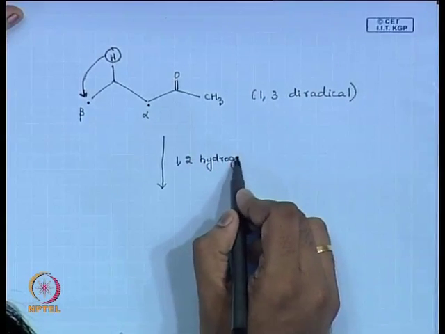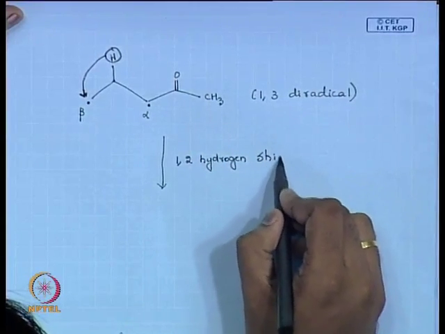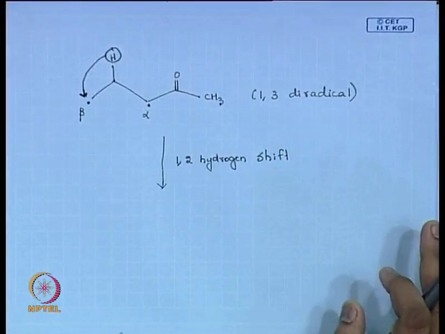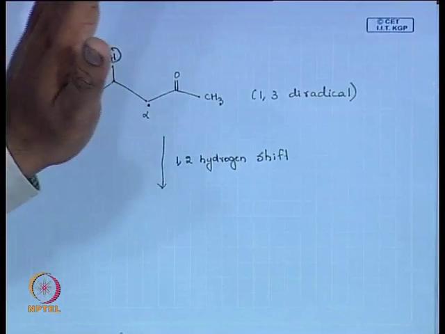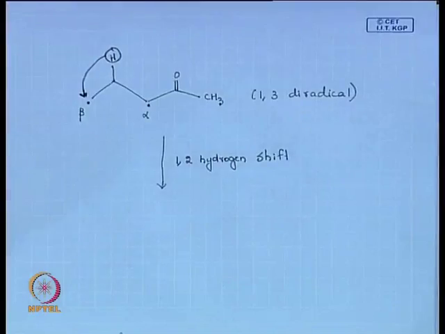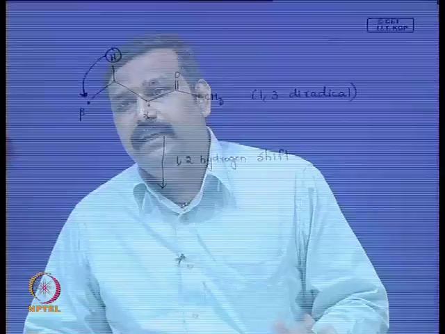The idea is that you should know what a 1,5 diradical does, what a 1,4 does, what a 1,3 does; you should know these three radicals. Once you know the photochemistry, you are anyhow going to generate your radical, then just by radical knowledge you can do this chemistry.